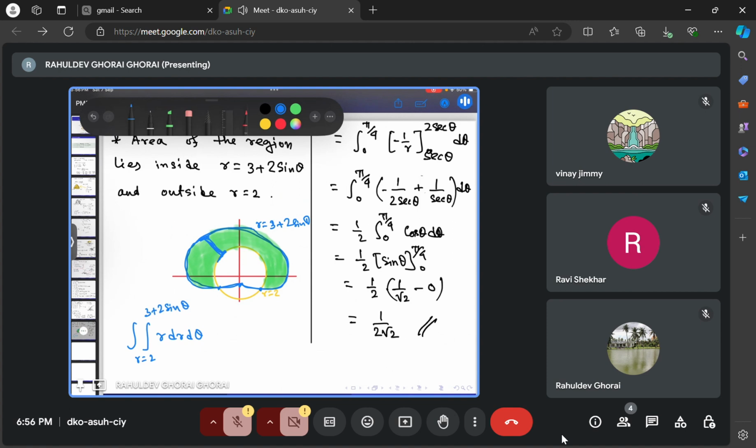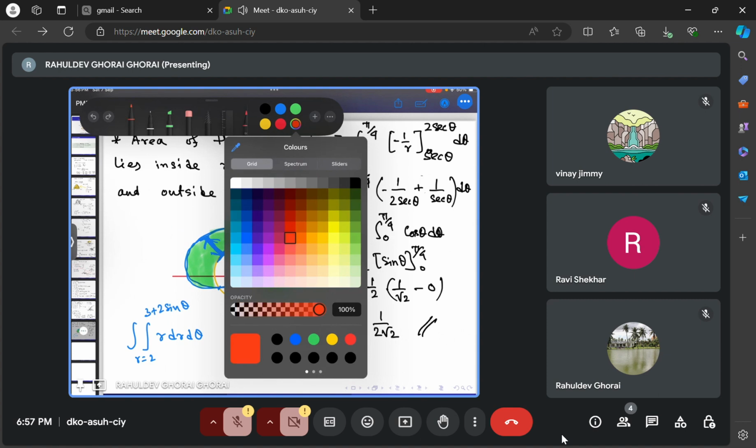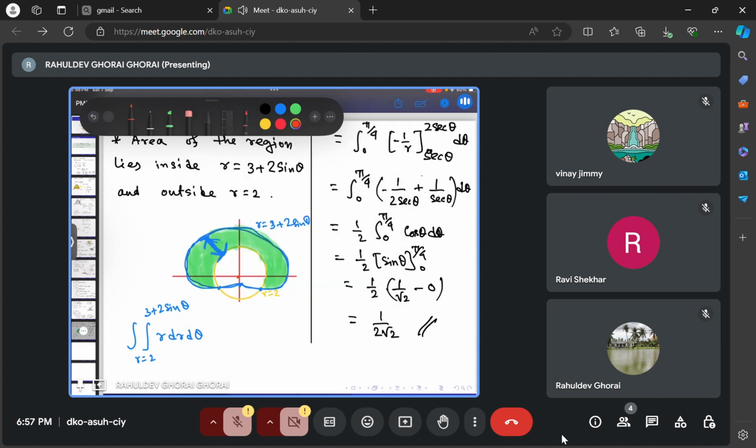When r is varying from this to this, theta is varying exactly from this point to this line. Let me draw it in some other color so you will understand. Theta goes from this point up to all this.